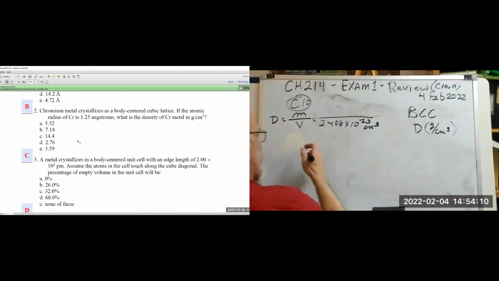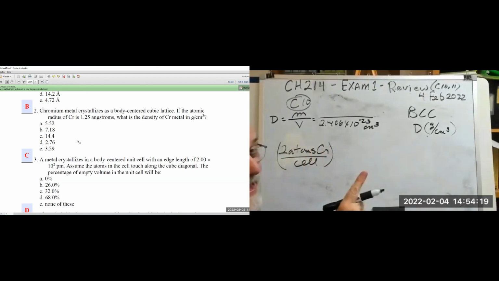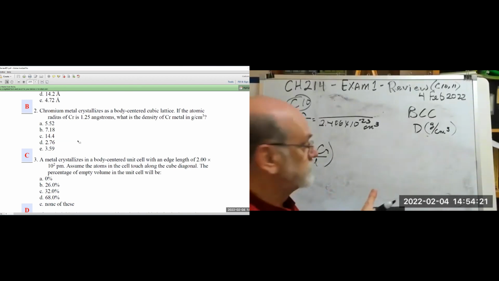Okay, so if we've got 2 atoms of chromium per cell, we want to know what's the mass in that cell.